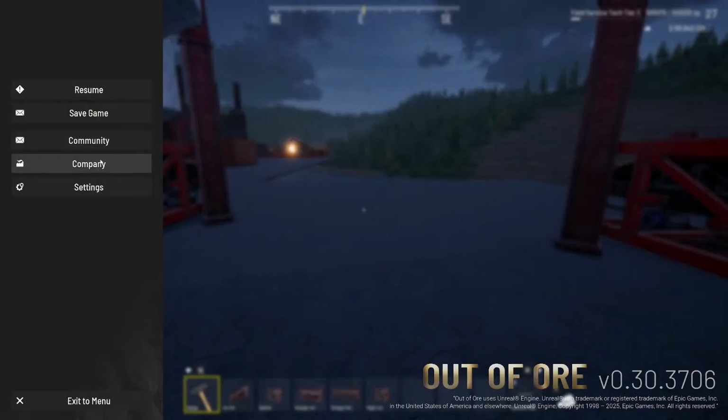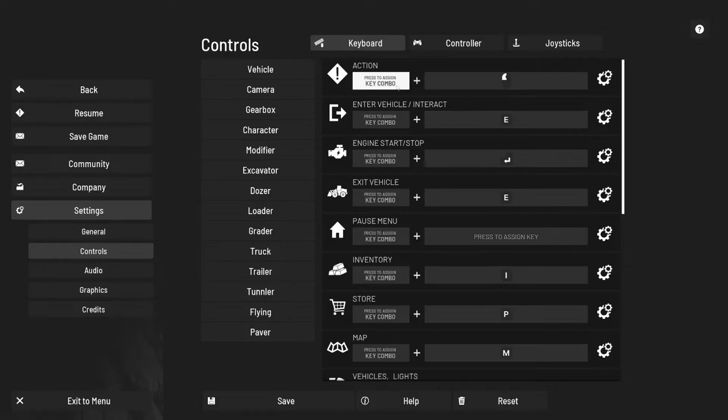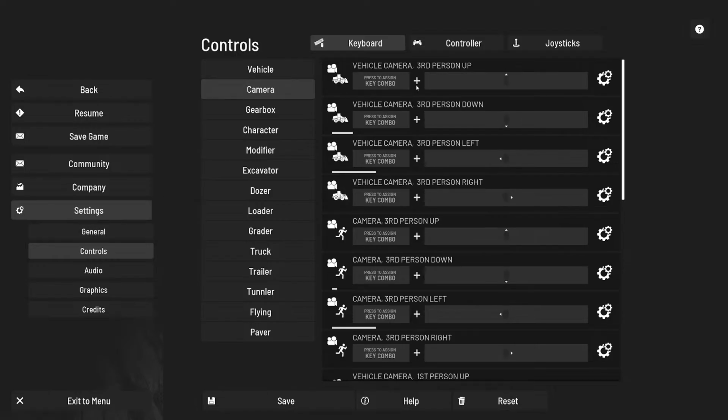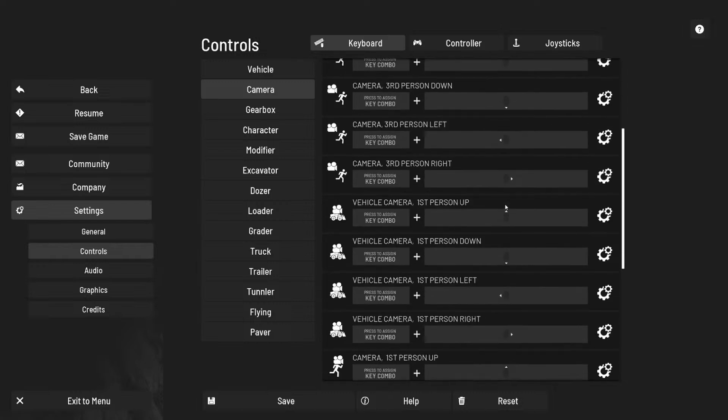And honestly, I want to turn down controls, camera, third person, first person, vehicle, person right, left.